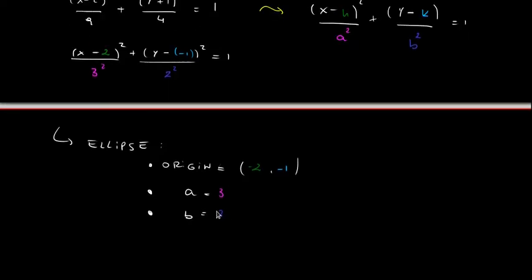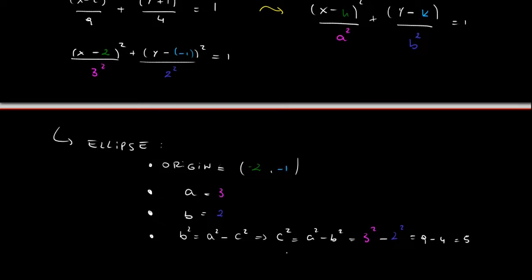And once we know a and b, we can calculate c, because b squared equals a squared minus c squared. So then c squared equals a squared minus b squared. And this is 3 squared minus 2 squared, which equals 9 minus 4, 5.